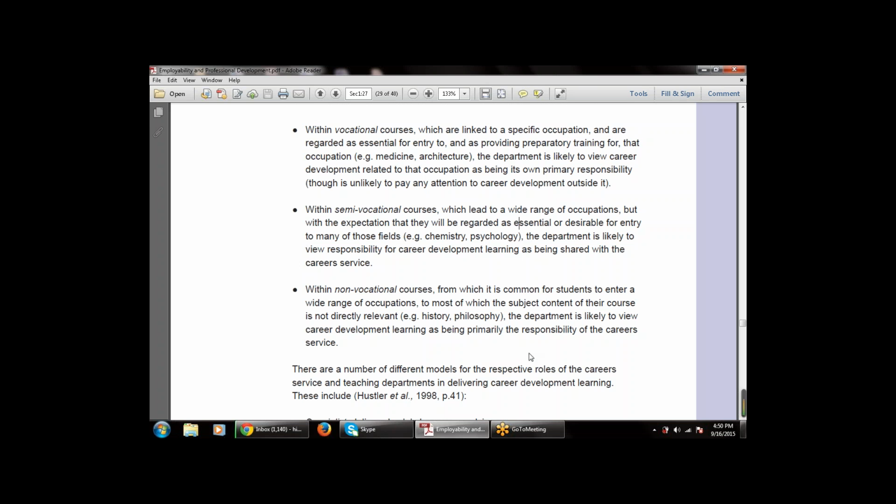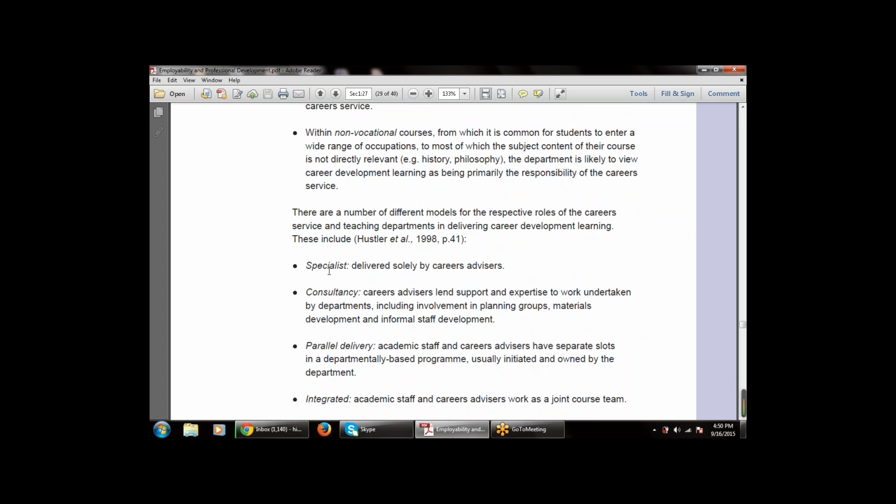These include, for the teaching department, first the specialist model, delivered solely by the career advisors. Then consultancy, where a career advisor lends support and expertise to work undertaken by the department.